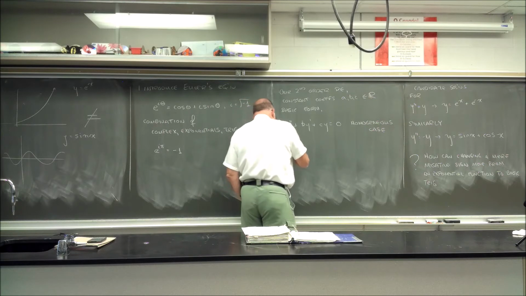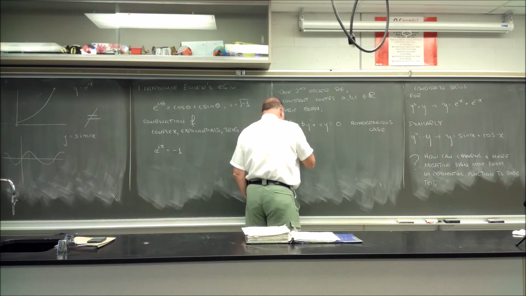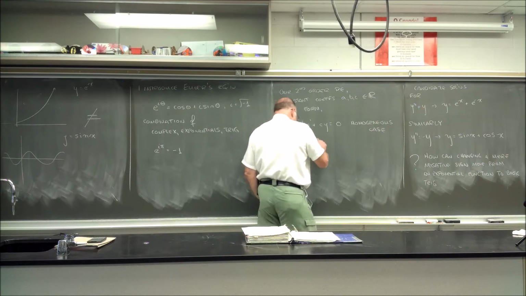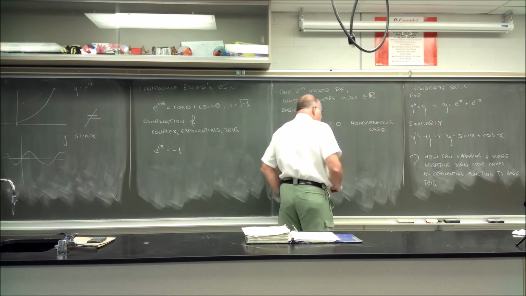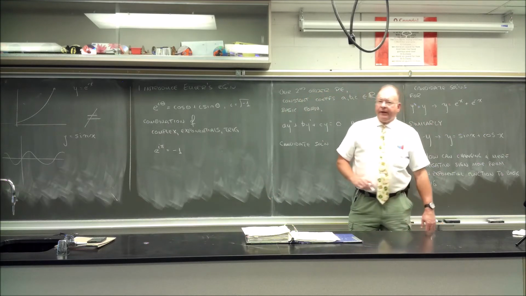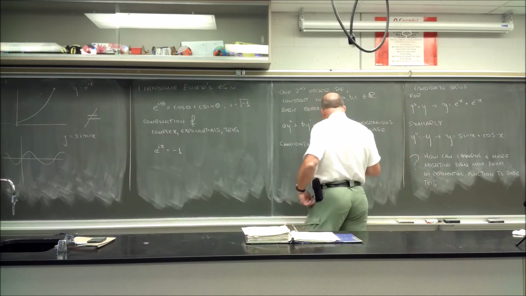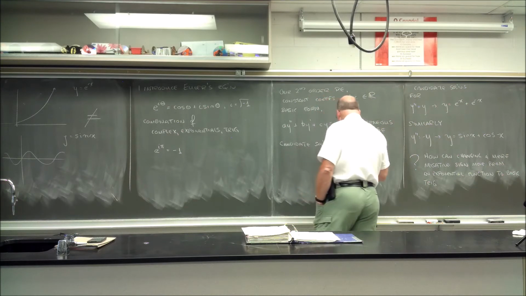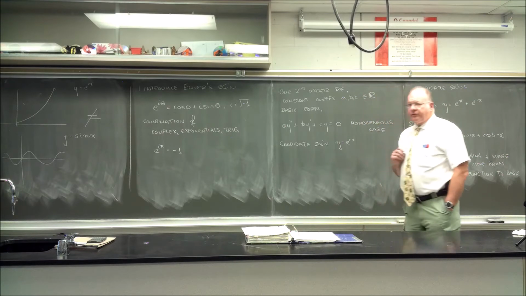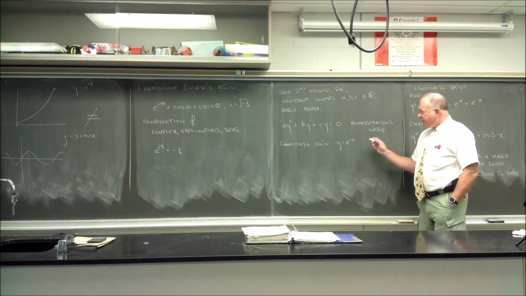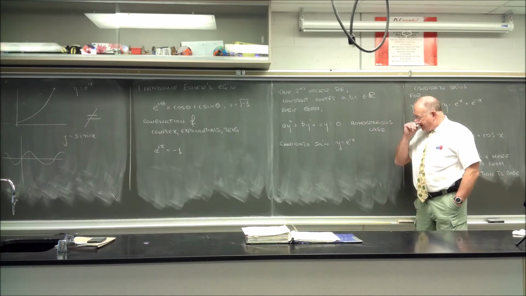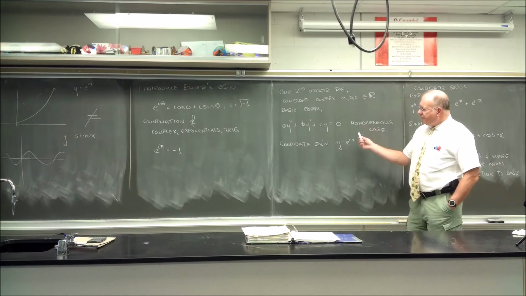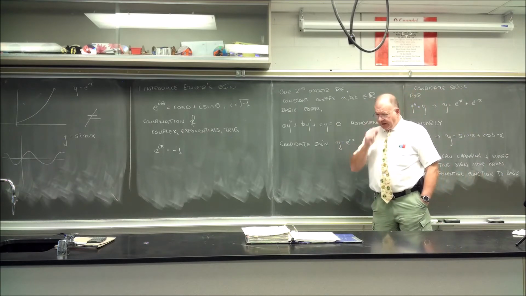Our candidate solution, given all of this, is going to be y is equal to e to the rx. Now there may be coefficients and so forth as well, but we would assume that our basic solution is this, and of course our coefficients would respond to that.